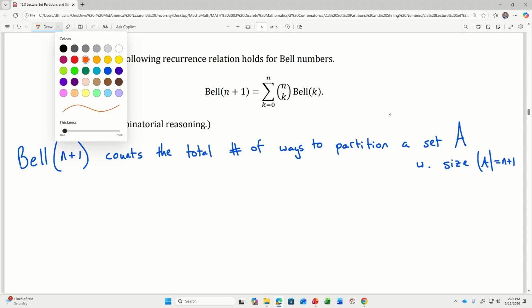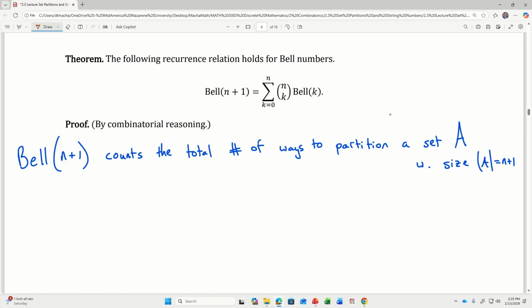And then we are going to do something really similar to what we did before. We're going to choose one element in the set capital A and name it A, little lowercase a. You can name it whatever you like, but we'll use lowercase a. So what's happening on the right side?